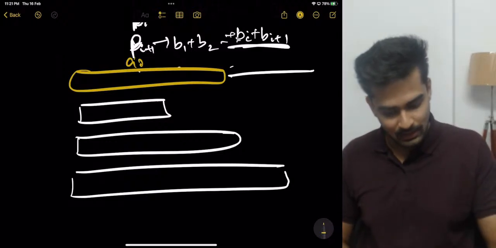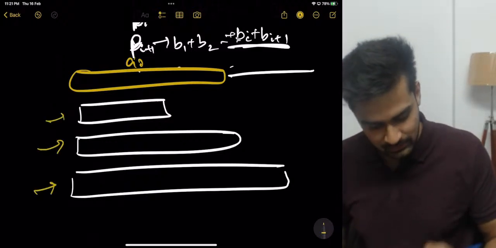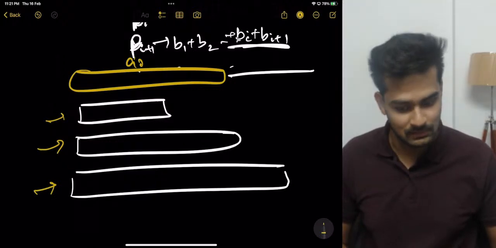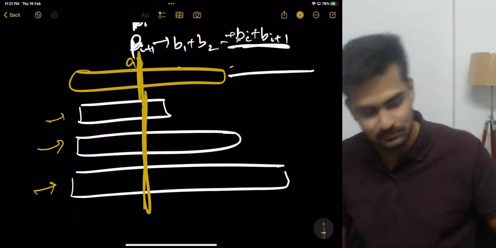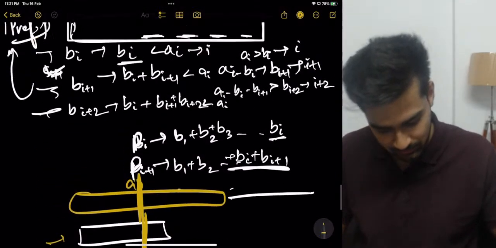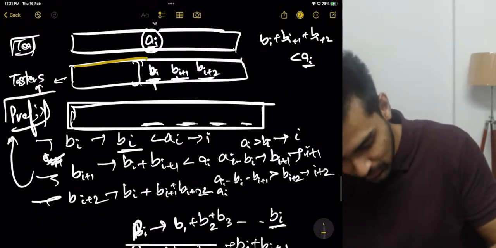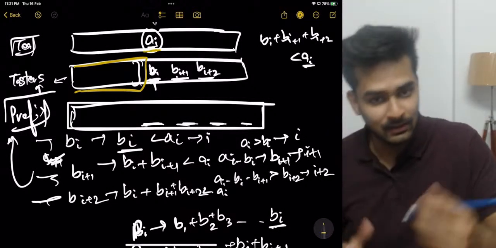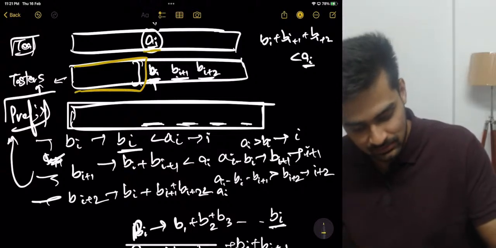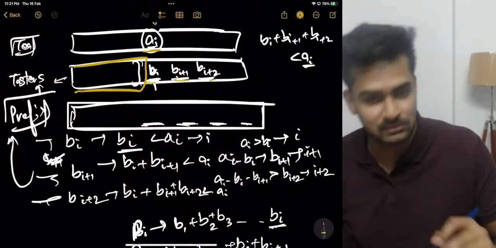One way would be to compare it with this one, this one, and this one. The other way would be to remove these values from all. That is what I'm actually doing. I am removing all these values and adding them to this a_i, and then finding my prefix lower bound for all the remaining values.